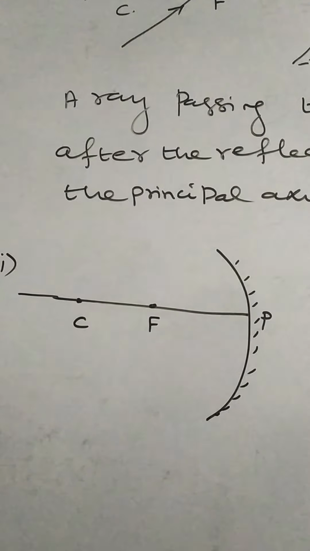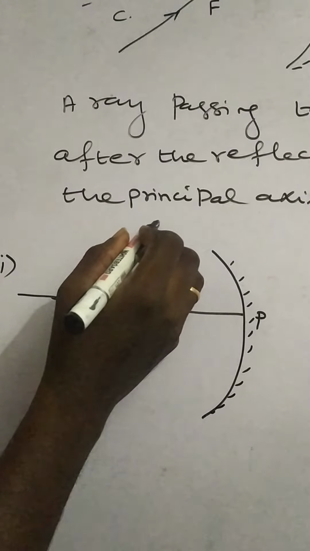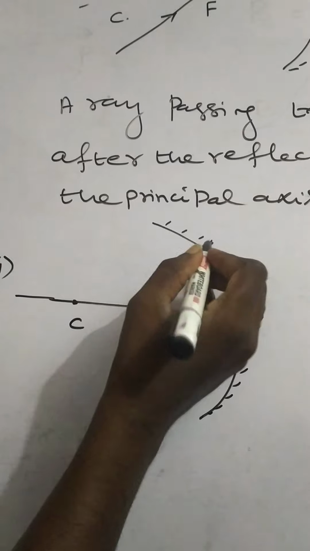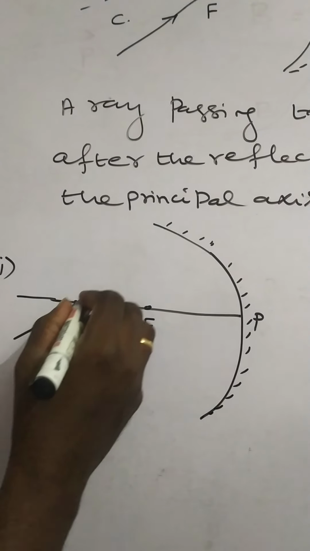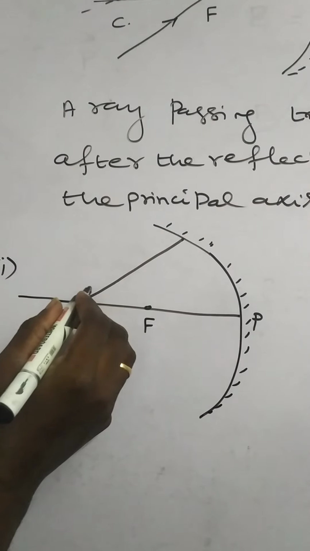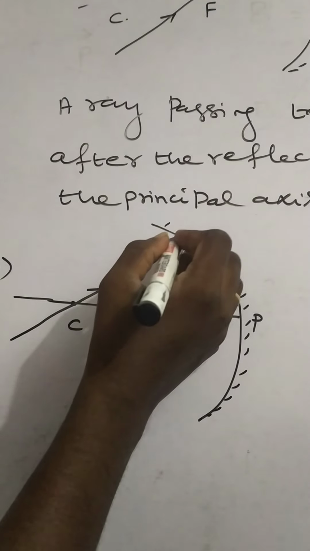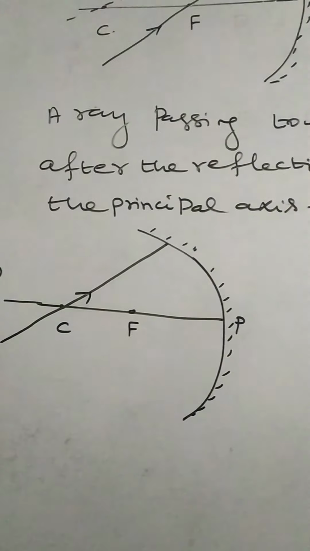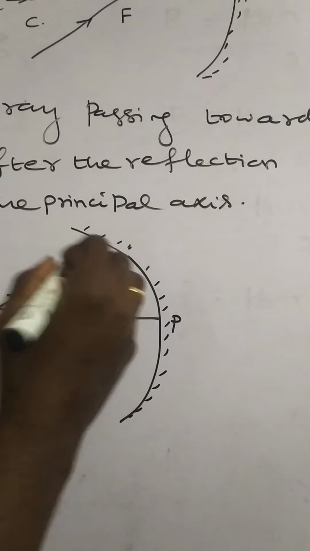When a ray is passing towards the center of curvature, it retraces the path.